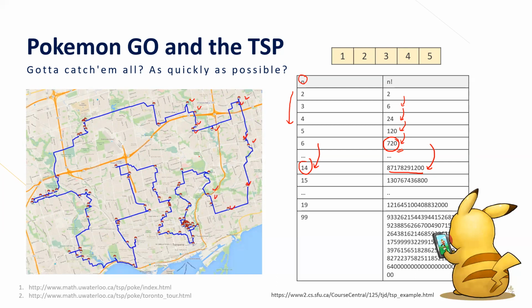It's not even half of all the stops. Perhaps this one, I'm not sure, but if this were raised to 100, you can see here the approximate number of possible routes that you need to explore.